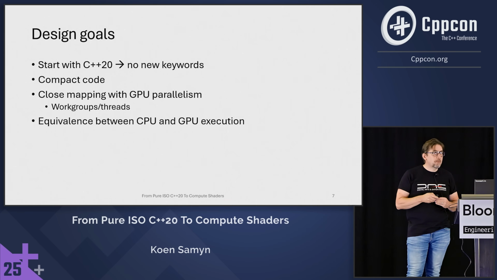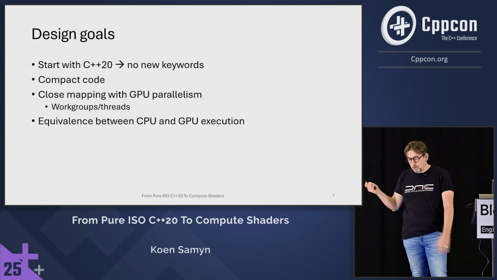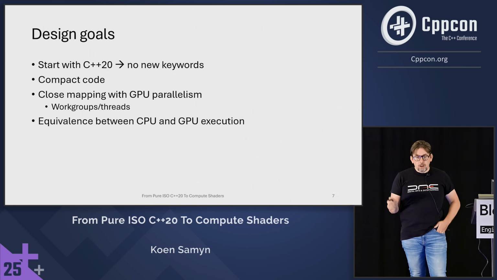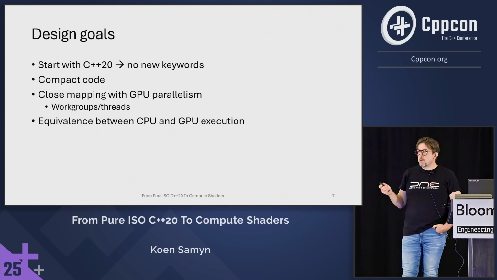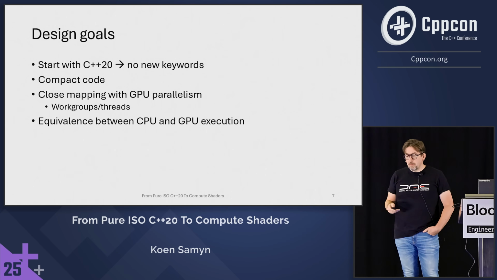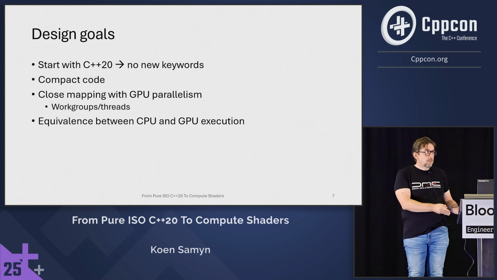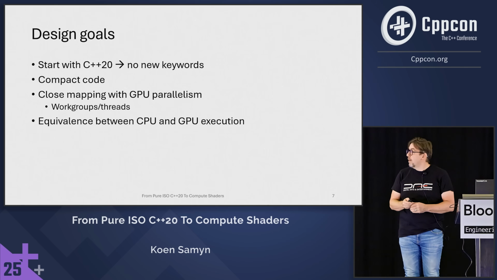So that was a strong opinion that I had, to not introduce any keywords that do some strange stuff. Also wanted to work on compact code, and also, as I said, a close one-on-one mapping with GPU parallelism. And also I wanted to work on the same program, working in the same way on CPU and GPU.